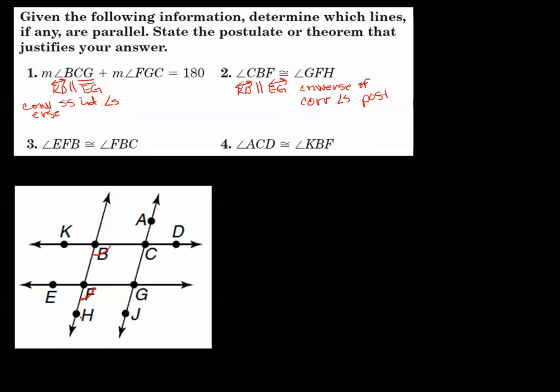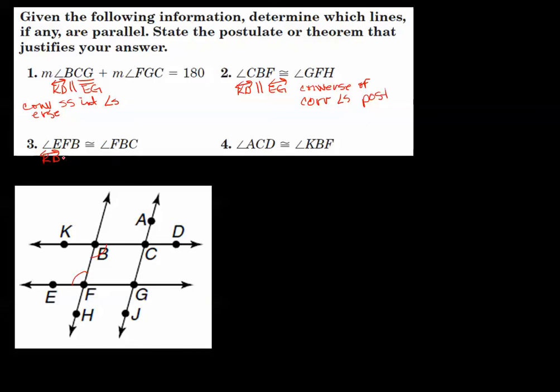And then let's look at another one. Let me erase that without pushing a whole bunch of buttons. Angle EFB is congruent to FBC right there. And there again, we've got the same lines.